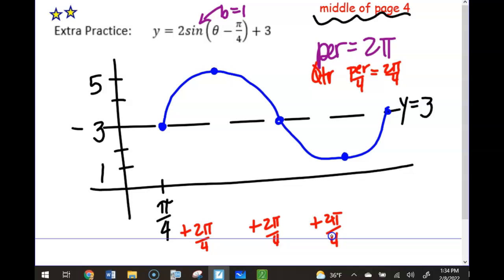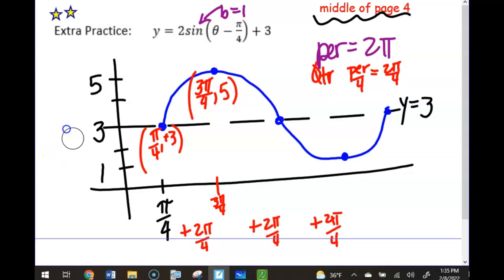Now, you could reduce 2 pi over 4, but it has a common denominator with our 1/4, doesn't it? 1/4 plus 2/4 makes the next quarter point at 3 pi over 4, 5. And the first one was at pi over 4, 3. Oh, positive 3. I don't know where I got a negative, sorry. Mine looks like a negative out there. That doesn't make any sense.